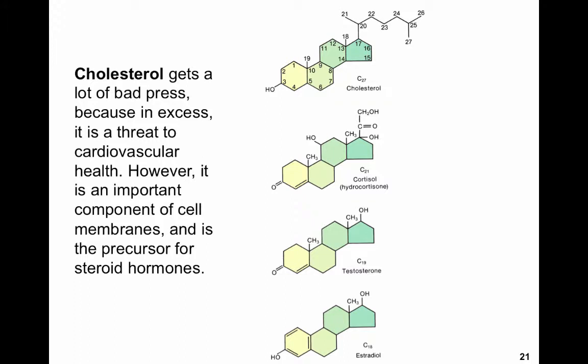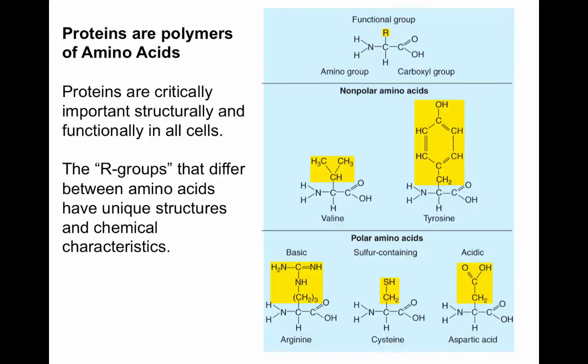Those saturated fats and cholesterol can form deposits on the walls of arteries, and those deposits can restrict the flow of blood and potentially become so big that they cut off the flow of blood. If that happens in a blood vessel that's feeding part of your brain or your heart, you will have a stroke if it's your brain, a heart attack if it's your heart. So it's bad news.